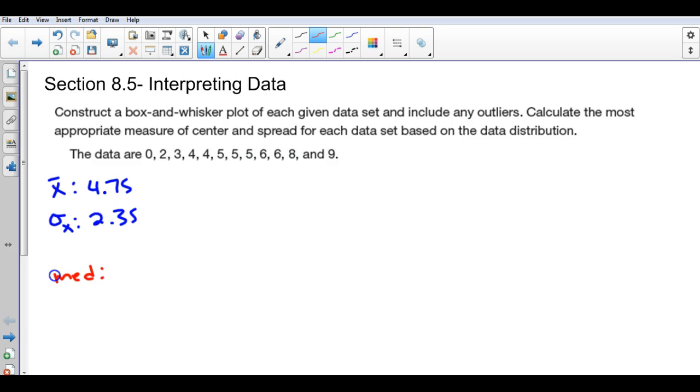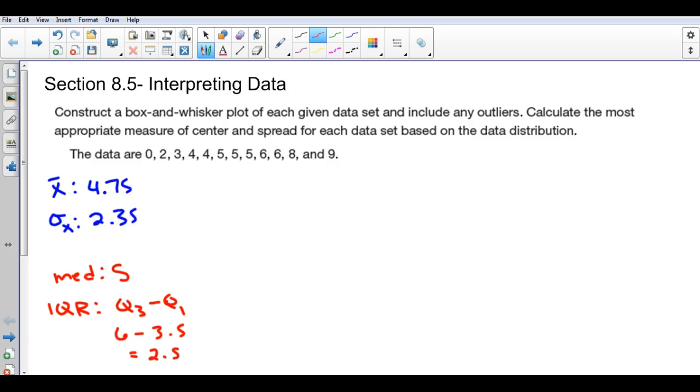My median would be associated with the IQR. So IQR, I'm going to take my quartile 3 minus quartile 1. So we're going to do 6 minus 3.5. And that's going to give me an interquartile range of 2.5. And again, it's pretty close to my standard deviation.